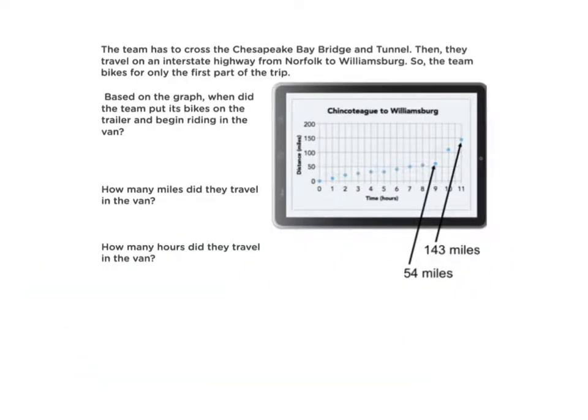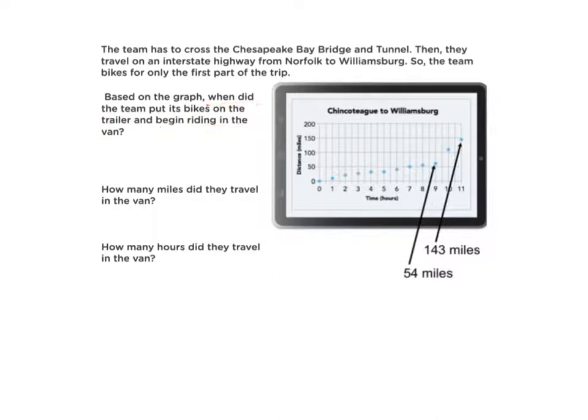All right, so when you read this information, it tells us that the team were on bikes for only part of the trip, and they were on a van for another part of the trip. So we want to look at this graph and think about when did the team put its bikes on the trailer and begin riding in a van? So when did they get in the van?